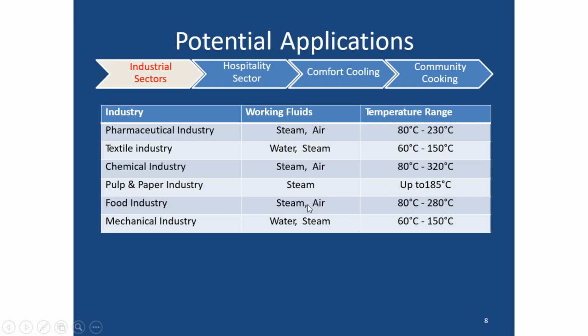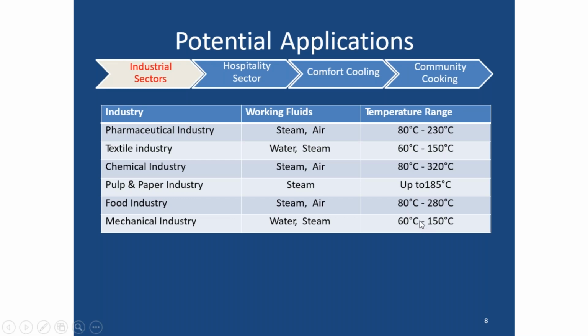In the food industry, basically we are using air dryers, because many foods, like dry foods, we need to dry. So here the temperature range is 80 to 220 or 280 degrees Celsius. Again, for the mechanical industry, we need this much temperature range.